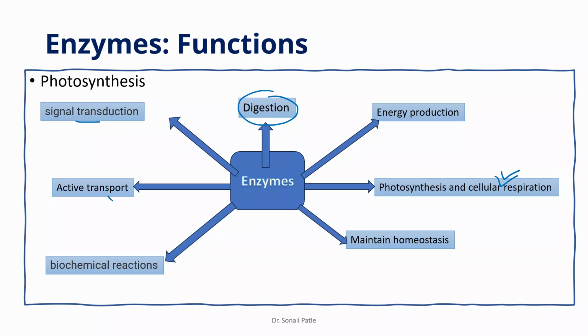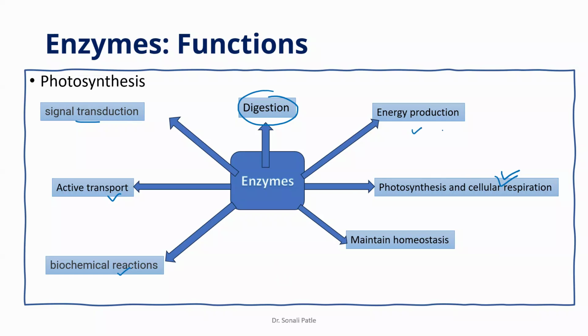Active transport, then various biochemical reactions. Inside our body, so many chemical and biochemical reactions go on, whether it is digestion, maintaining homeostasis, or cellular respiration. Any activity requires a lot of enzymes, and enzymes help in the progress of chemical reactions, right?